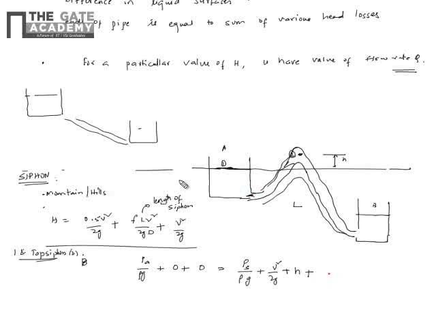You have the entry loss, 0.5 v square by 2g, and the length of the siphon from 1 to 2 is, let's say, small l, so f small l v square by 2gd, that's it.